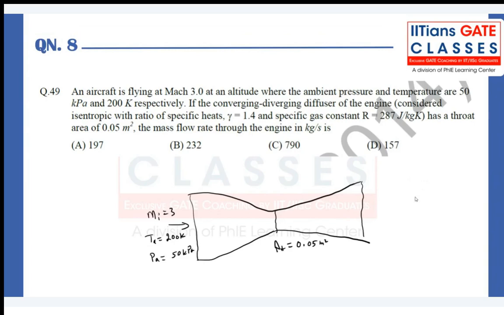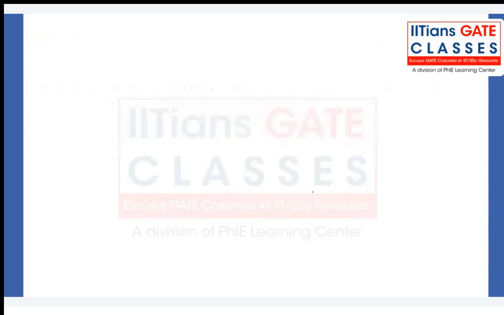So that means at the throat we are going to experience the choked condition. That means the Mach number at the throat becomes 1. That's what gas dynamics tells us. So for that one, I can easily relate it: mass flow rate is constant from continuity.